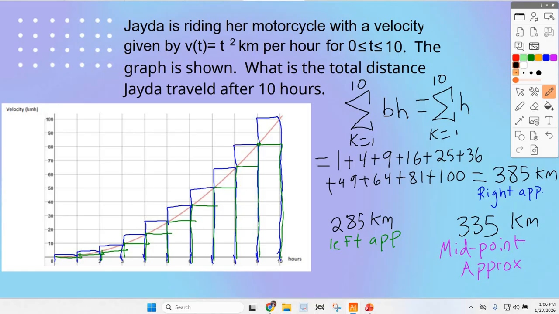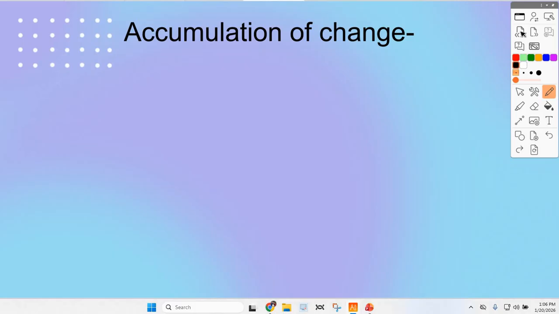Kind of how we sent our widths to 0, right, when we wanted to find the slope at the exact point? That's why it was the limit as x goes to 0. This time it's going to be the limit as our number of rectangles goes to infinity. But what that's going to allow us to do is to find accumulation of change. Which sounds like some big words, but we are changing, right?